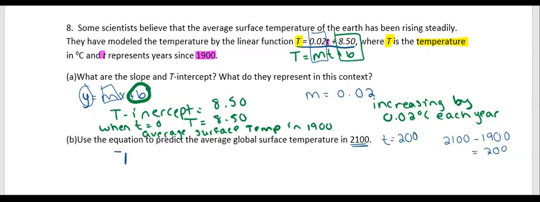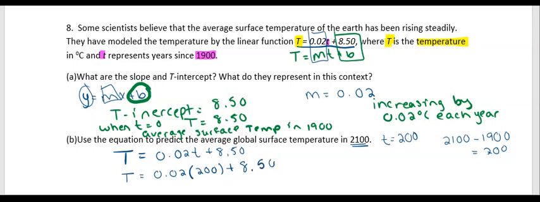Well, we know that our equation is uppercase T equals 0.02 lowercase t plus 8.50. So that means we can substitute in 0.02 times our 200 in the place of our lowercase t. And we still have our plus 8.50.